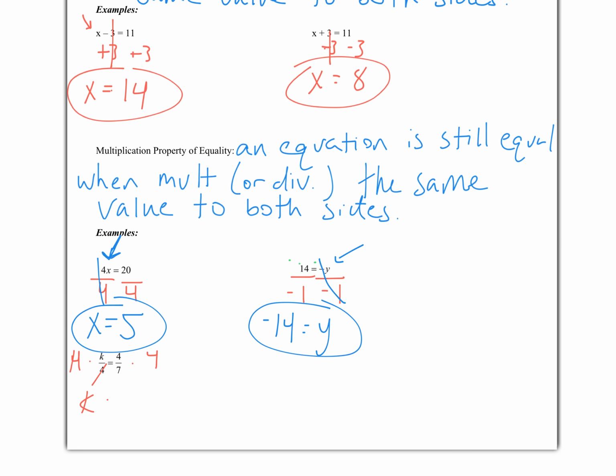So I have k left. Now I'm multiplying this fraction. With our fraction rules, we multiply across the numerator and the denominator, and we can say the denominator is 1, because 4 over 1 is just 4. So 4 times 4 is 16, and 7 times 1 is 7. So k is 16/7.